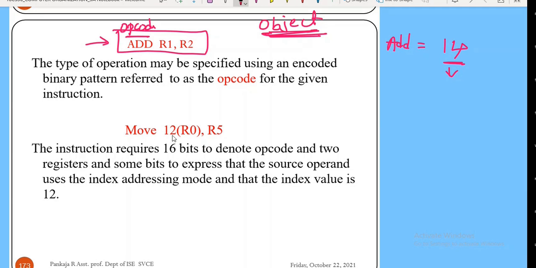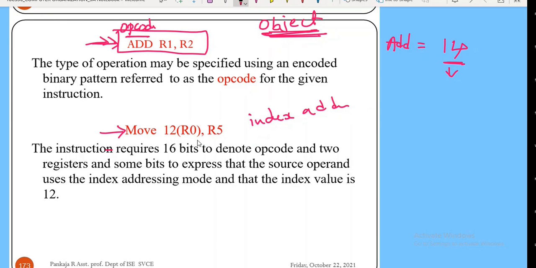Similarly, take another example: MOVE 12(R0), R5. This is an example of index addressing mode. First, try to differentiate the addressing modes. Here the number of bits required to represent this instruction and the previous one may not be the same, because you have an additional constant value to represent.